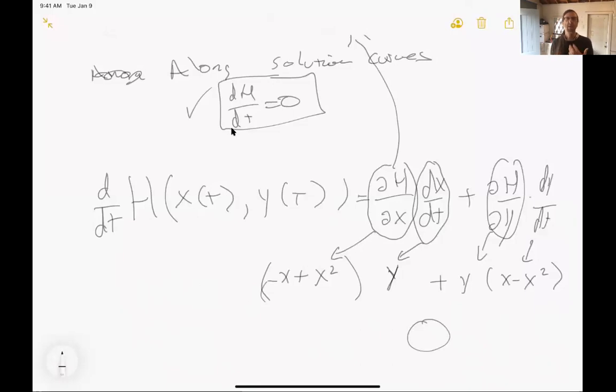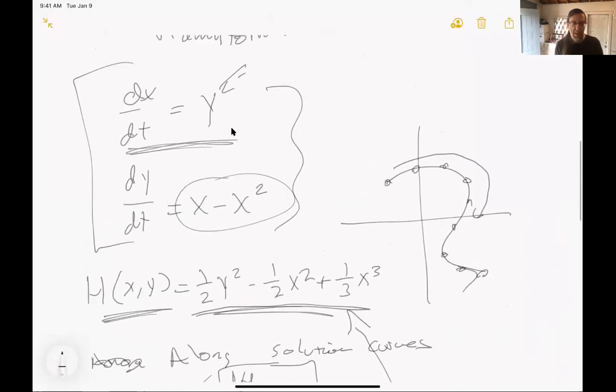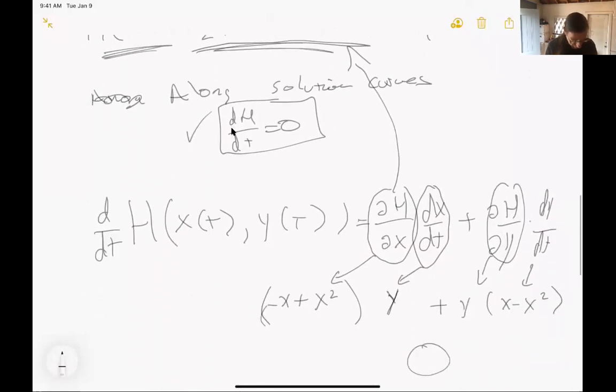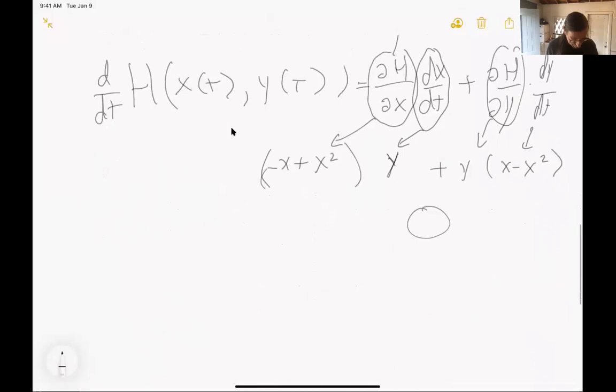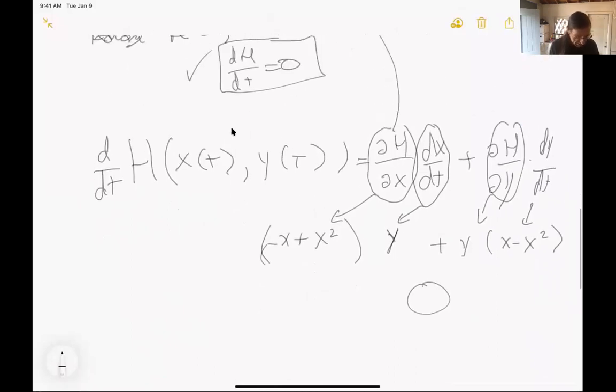So h is what's called a conserved quantity. It's this constant energy function. If I'm traveling along a trajectory of the original differential equation, we know h has to be constant because its derivative with respect to time is 0. Got it? All right. Let's analyze this system a little better.